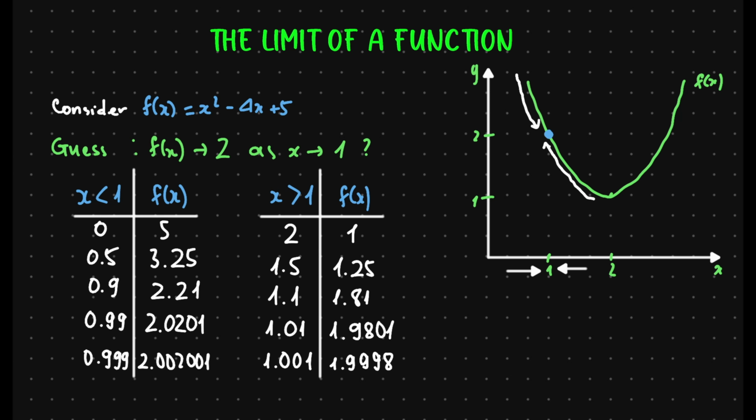Let me rewrite it a little bit. So both from the left and the right, f(x) gets closer to 2. Therefore, we have the quick conclusion here. Let me write it down.